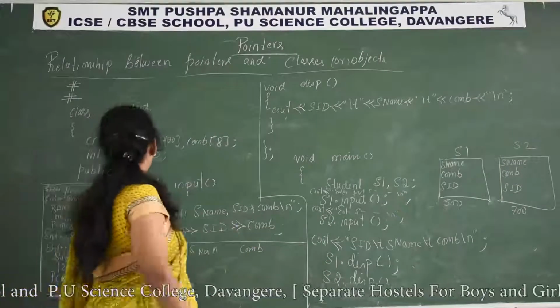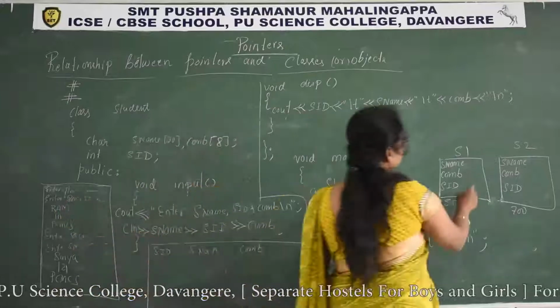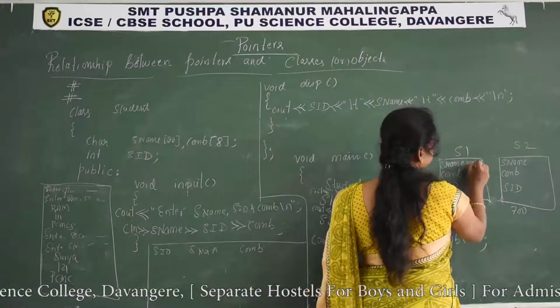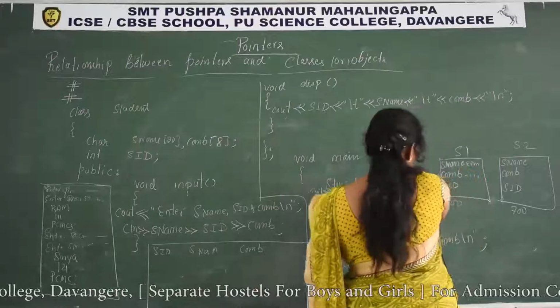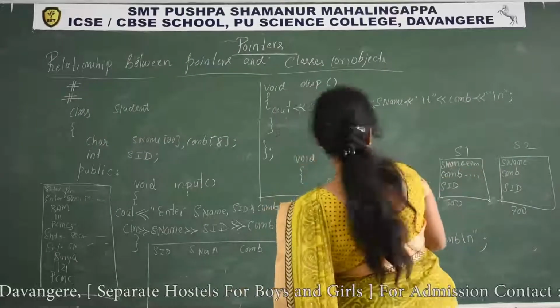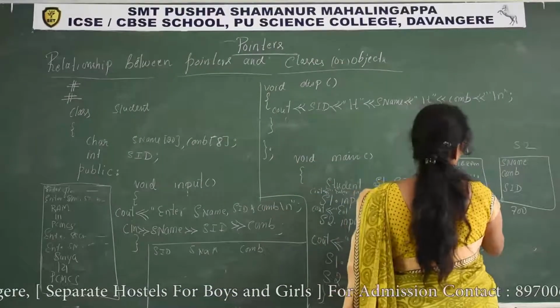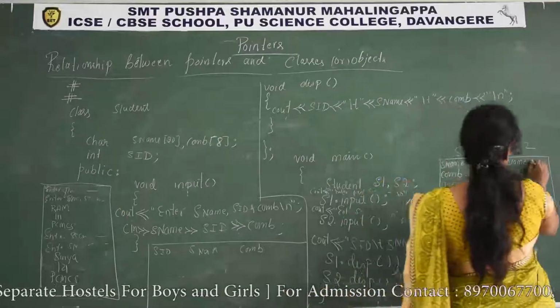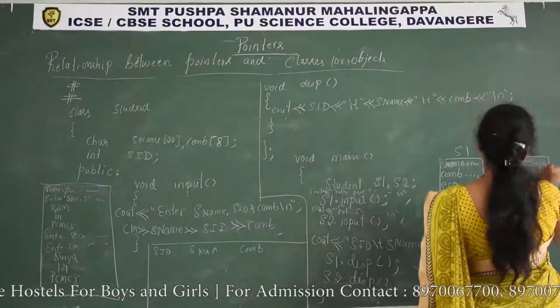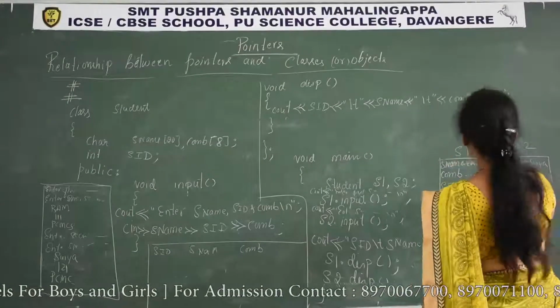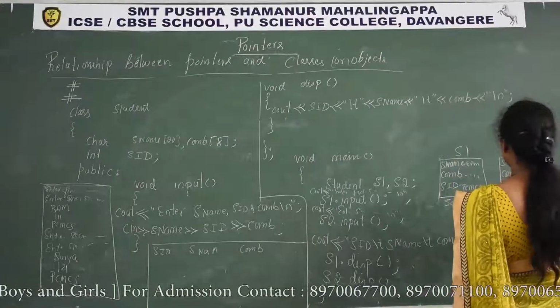What is there in S1? These three values are stored in S1, no? RAM, 111, then combination PCM-CS. Here Surya, 121.